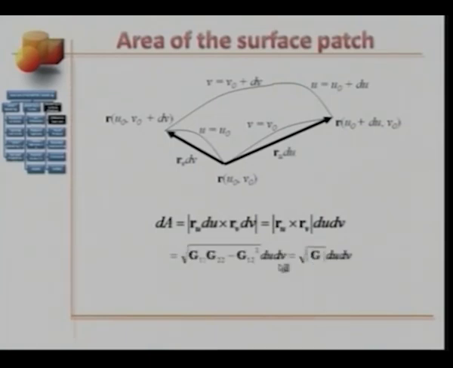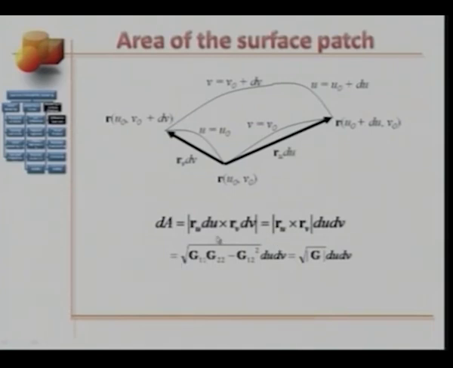If you would have realized from our previous discussion, the absolute value of the cross product between ru and rv is the determinant of the first fundamental matrix G. And of course, with the square root sign.